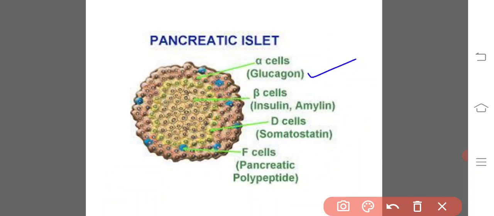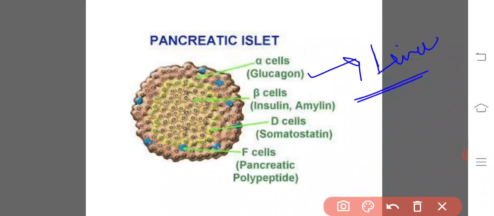Basically, glucagon's target organ is the liver. So, glucagon hormone is secreted by the alpha cells of the islets of Langerhans of the pancreas, and its target organ is the liver.